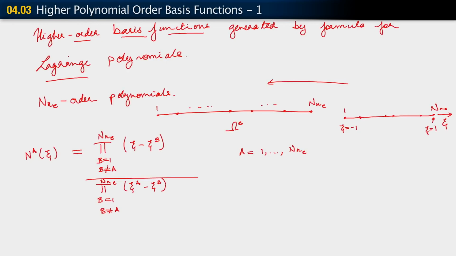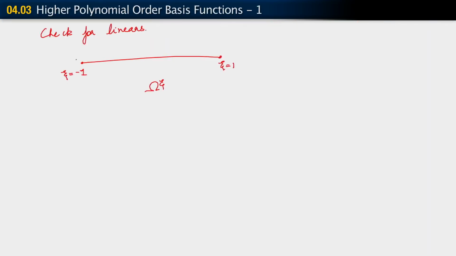I've just pulled up the previous slide. You see the ξ_A and ξ_B and so on that are used in our formula at the bottom of the slide. Here's what they are. This is the point ξ_1, that is the point ξ_NNE. Inside here we may have ξ_A, ξ_B, and those would take on the actual value of ξ at those points.